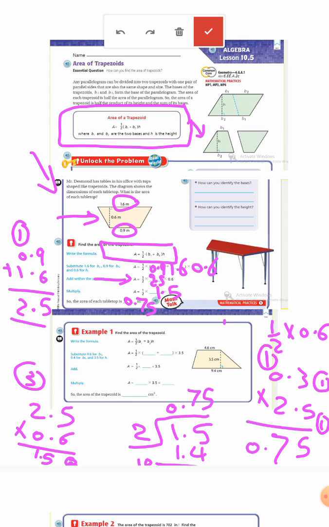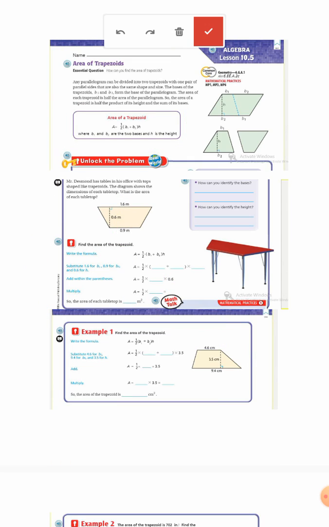And we know the information here. Now we need to erase what we did here, so we are going to use the eraser. Then we move to example 1. We are going to use this formula to find the area.